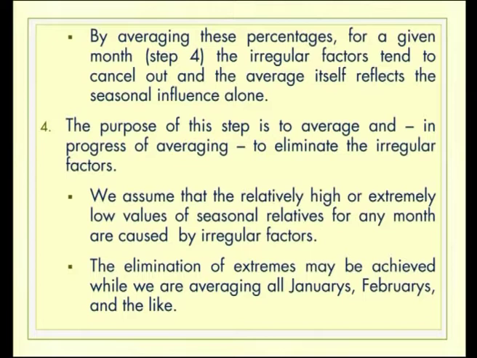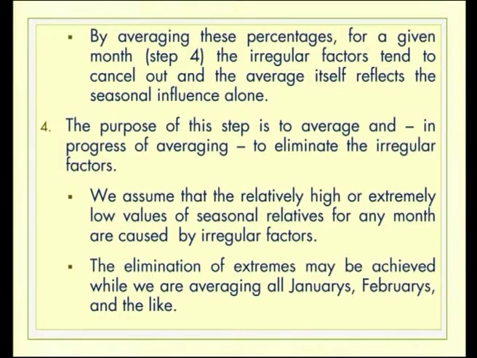To get rid of the irregular variations, we average it, and therefore the irregular variations also go out of the original data. Therefore, when trend, cyclical and irregular variations go out, there remains only the seasonal index. We assume that relatively high or extremely low values of seasonal relatives for any month are caused by irregular factors. That is why we take the average and percentage it. So, it becomes a value above 100, therefore only seasonal fluctuations are the cause for that.